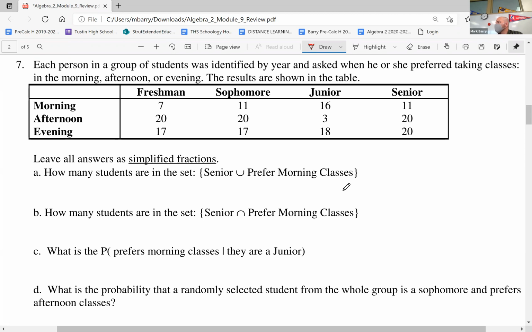Okay, so question, we got a chart here. So we got the freshmen, sophomores, juniors, and seniors, and then do they prefer morning, afternoon, or evening classes? So then how many are in the set of senior union prefer morning classes? So remember, this one means or.